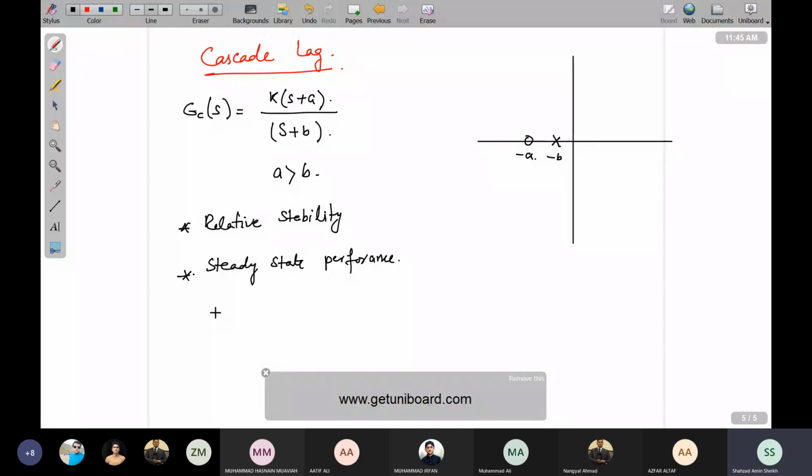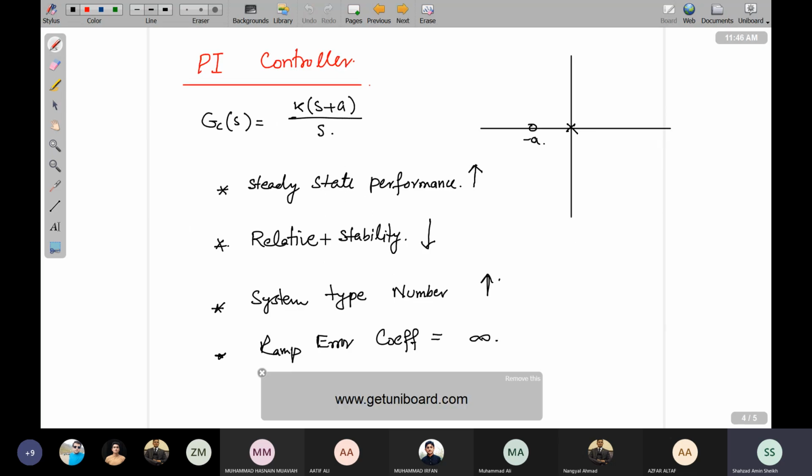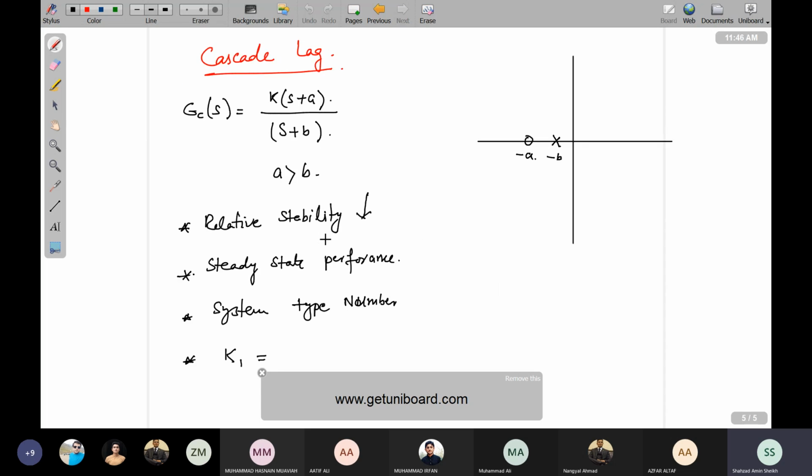Steady state performance: is there any increase in system type number? And in this case what will be your ramp error coefficient? Okay, relative stability when compared with the uncompensated system, because of this pole in the vicinity of the j omega axis, is reduced, but it's slightly better than the PI system.